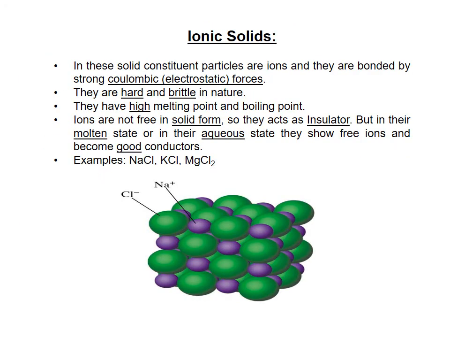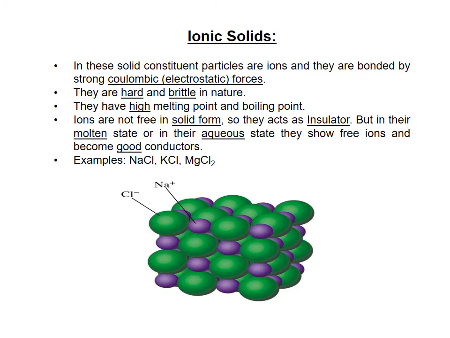Now another crystalline solid we are going to discuss is ionic solids. These solids have strong Coulombic forces, also known as electrostatic forces, between their ions. This type of solid is formed when positively charged cations are attracted by negatively charged anions.